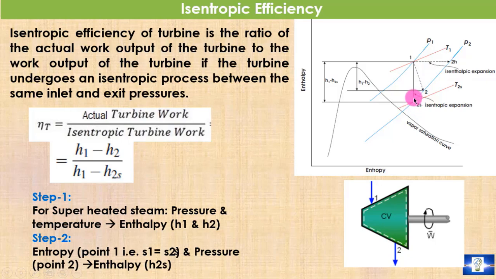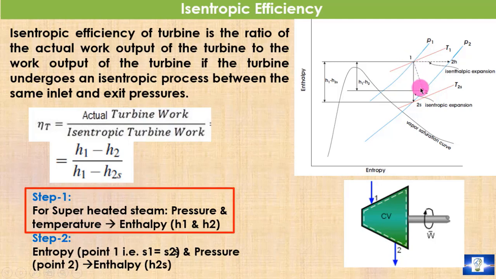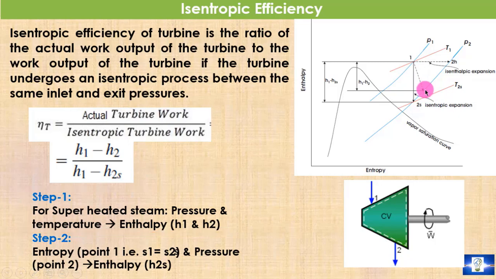So for the calculation of isentropic efficiency, we have to calculate H1, H2 and H2s. The inlet and exhaust of the turbine are superheated steam. So from the pressure and temperature of the superheated steam, we can calculate the enthalpy of point 1 and point 2. But the enthalpy of point 2s is to be calculated.